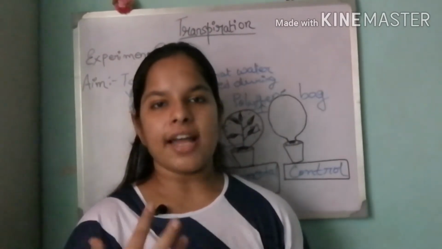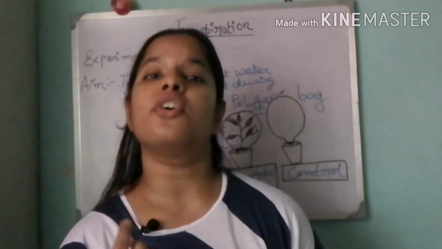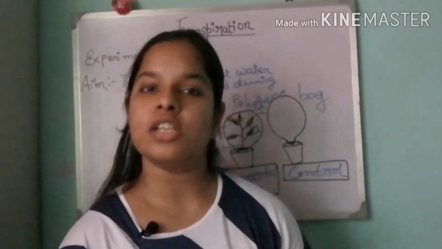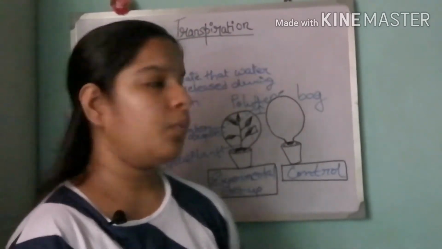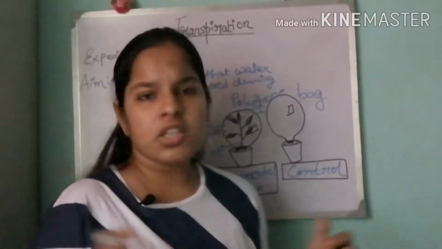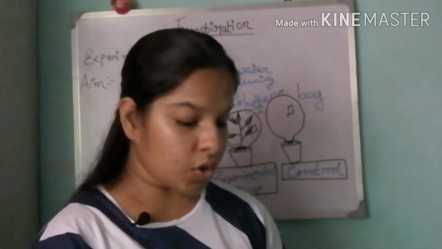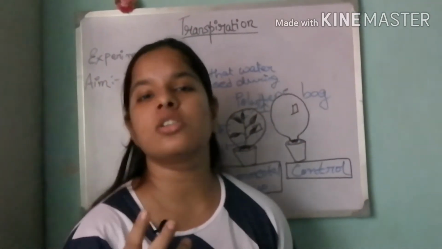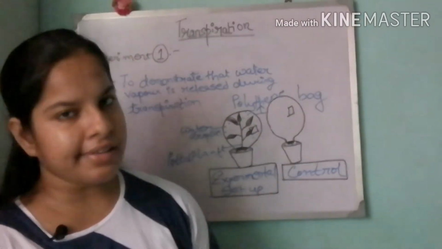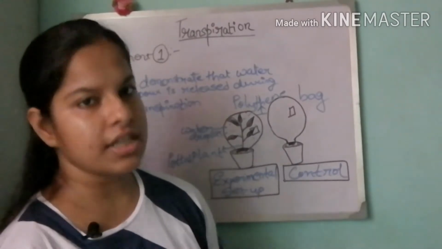This indicates that on absorbing moisture, that is, on absorbing the water released from the plant, the color of the cobalt paper changes to pink. But when we keep a cobalt chloride paper in the control setup, we see no color change. So cobalt chloride paper is a moisture indicator. When it absorbs moisture, the color changes and indicates that water vapor is released.